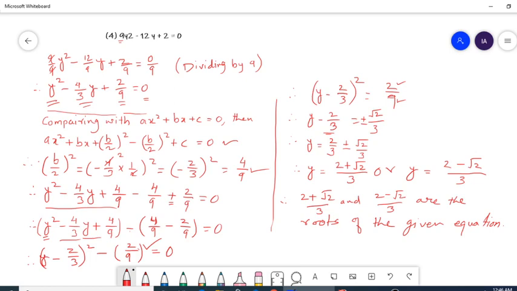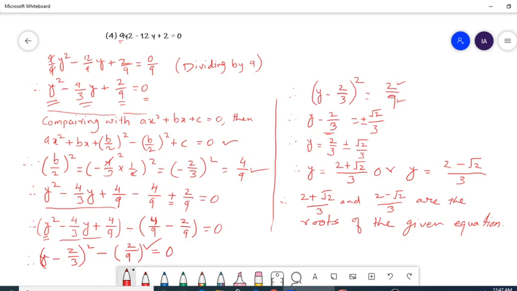So that's why we need other methods which can be applied to any quadratic equation in order to find the roots of those equations. Here we are doing the completing square method, and this method can be used to find the roots of any quadratic equation, but splitting the middle term cannot be applied to all quadratic equations.